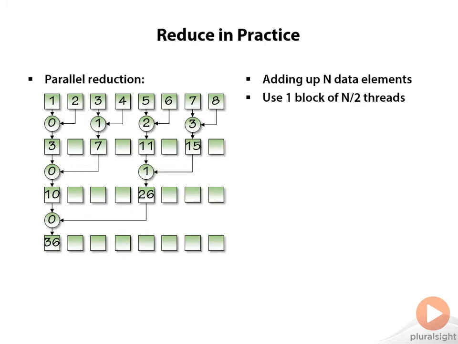So here we have 8 elements, and we have 4 threads at the beginning that are going to perform the sum. What effectively each thread does is it adds to the current data value, the value it's mapped to, the value that's next to it. So for example, here the thread at 0 would add the value to the right, so the value of 2, to the value of 1, and put it here in this cell as 3.